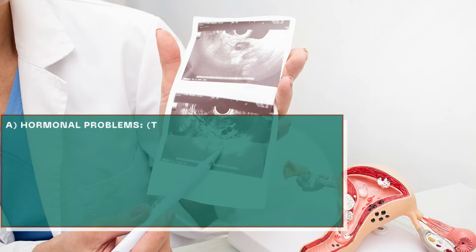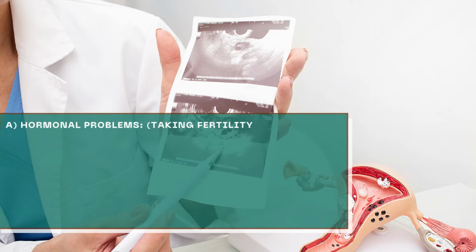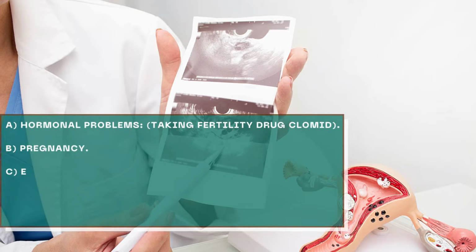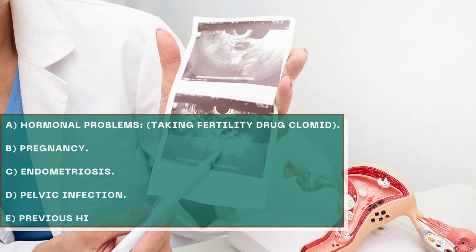Hormonal problems. In other words, if you're using any hormones to develop your follicles or to ovulate, like fertility drugs such as Clomid. Pregnancy as well can make you develop an ovarian cyst. Endometriosis can make you develop cysts. Pelvic infection can make the ovary difficult to ovulate so that it traps the fluid inside.